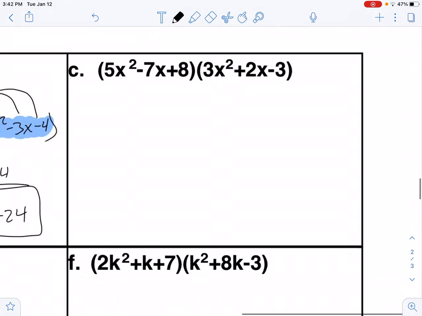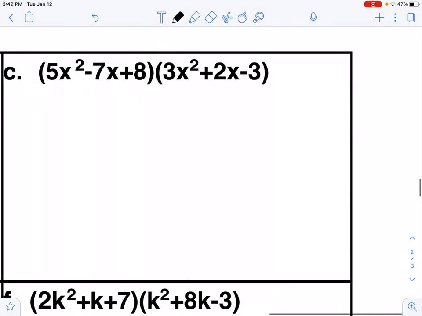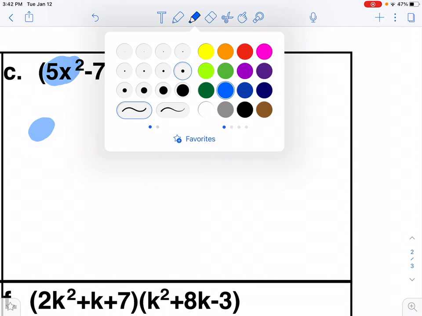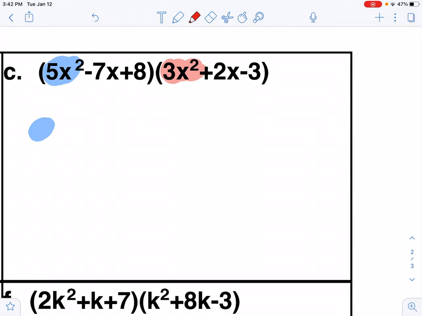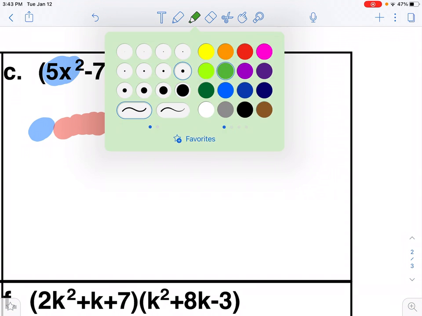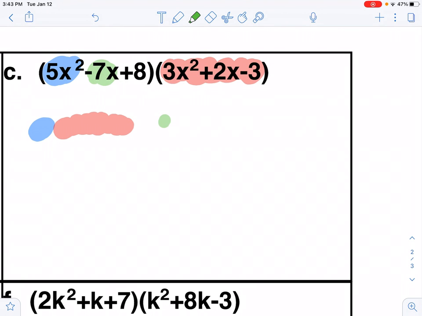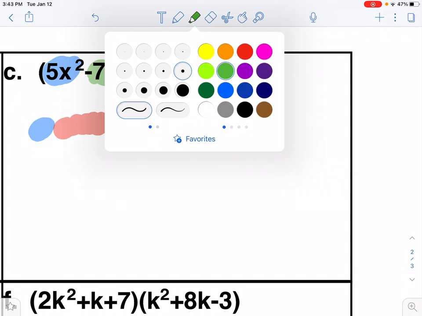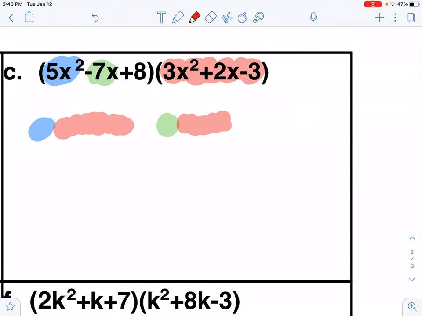All right, and then finally, I'll highlight just so you see where my numbers are coming from. I'm doing that one times this whole thing. I'm doing negative 7x times everything I have in red.